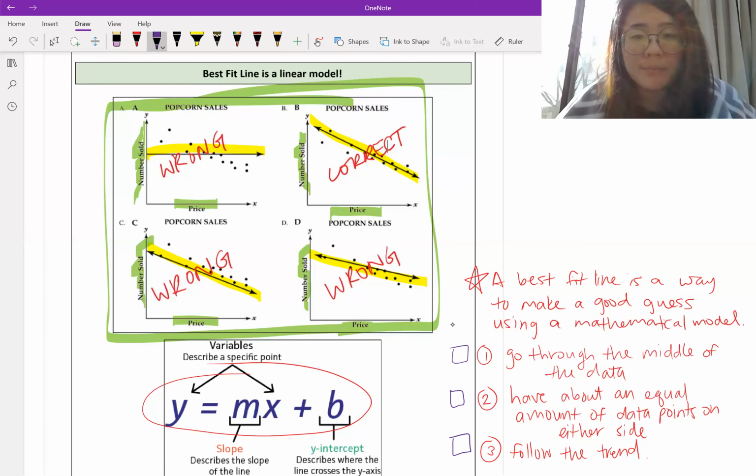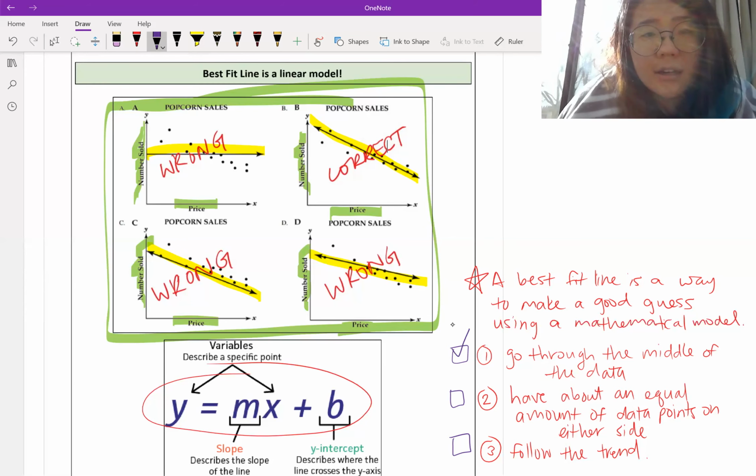So if you look at B, which we know is correct, we can ask why it is correct. One, does it go through the middle of the data? Yes, it cuts through the middle, so I would give it a check mark. Does it have about an equal amount of data points on either side?